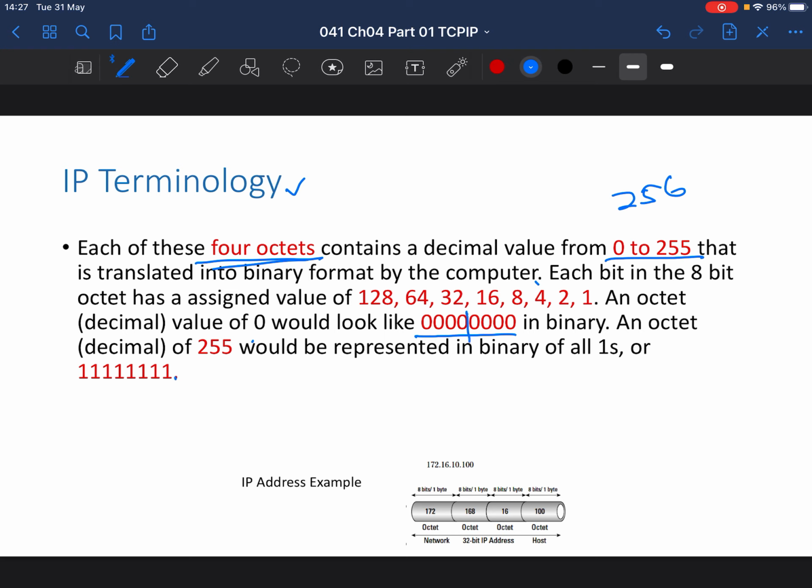An octet decimal of 255 is represented in binary as all ones, 11111111. So in binary this is the real value, but normally it is written in base 10 as 255.